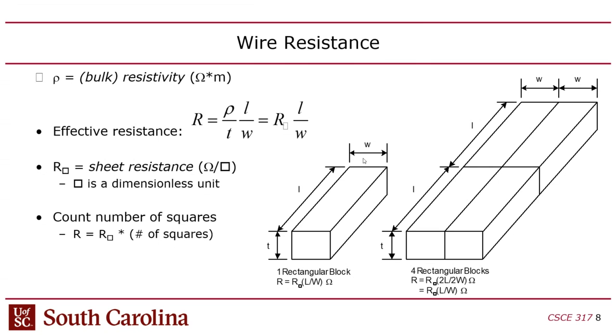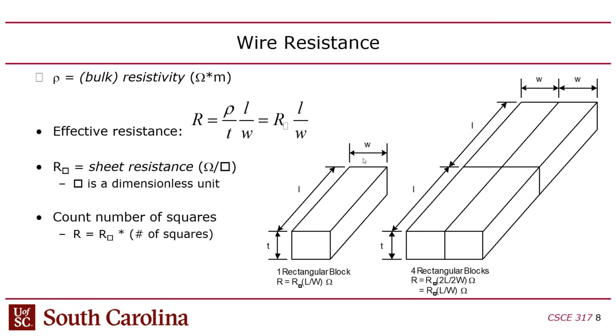So that's rho over T. That's the thing you can't control. And then the width and the length, you control that. As a designer, you can draw your little polygon and make a wire of any size that you want. Now, typically the width is minimal width. There's a minimal width for every metal layer, and usually you use minimal width wires, but you don't have to. You can make them thicker if you want.